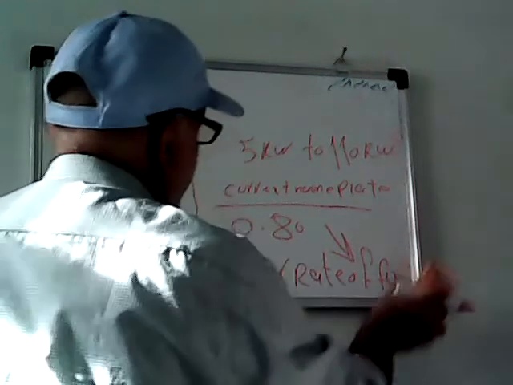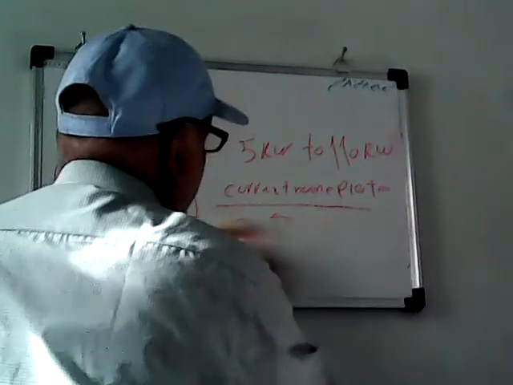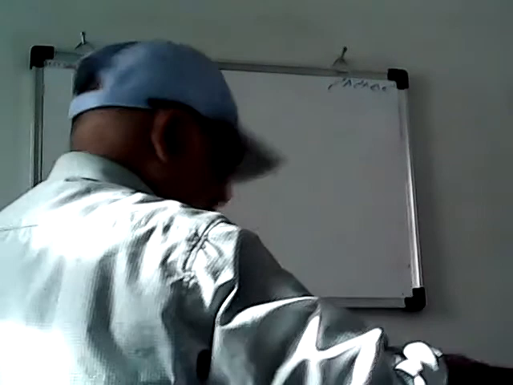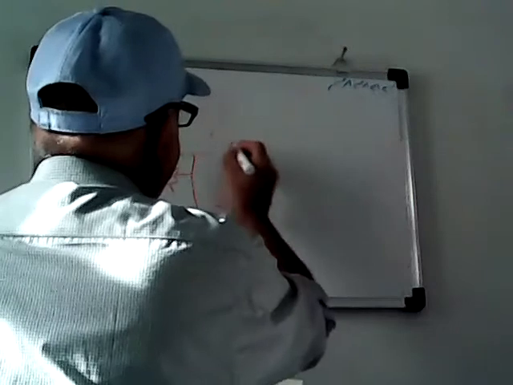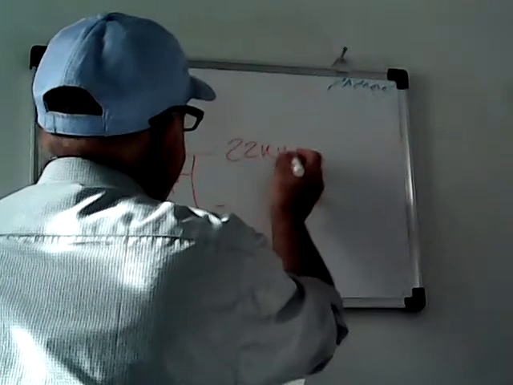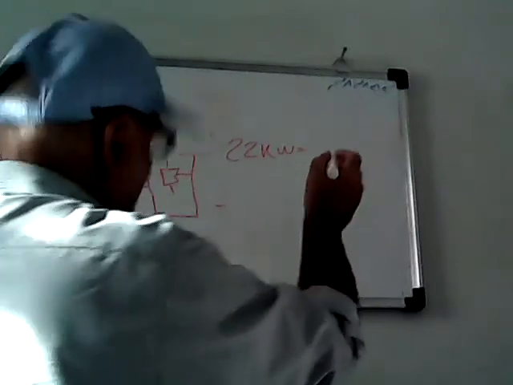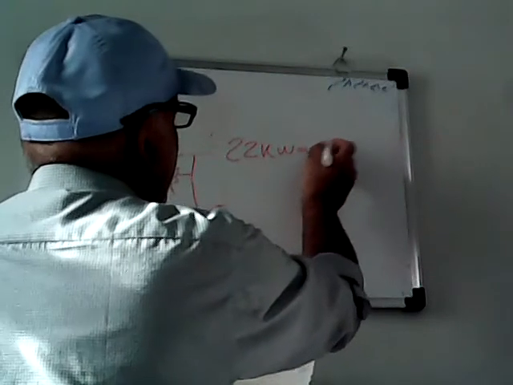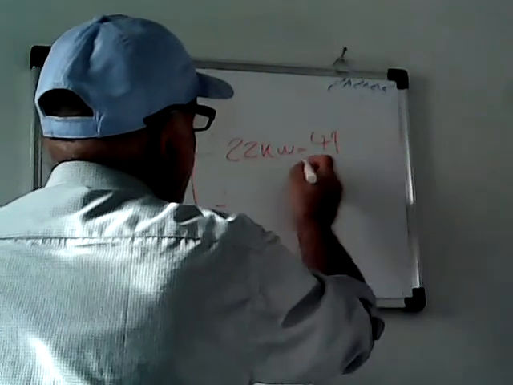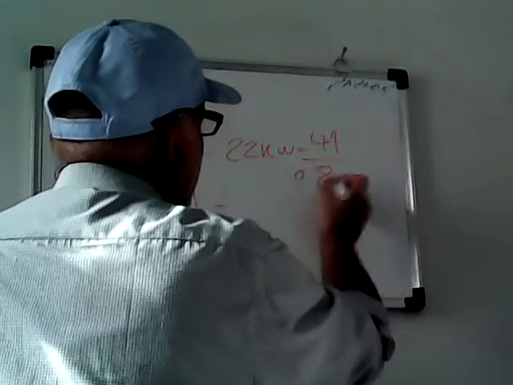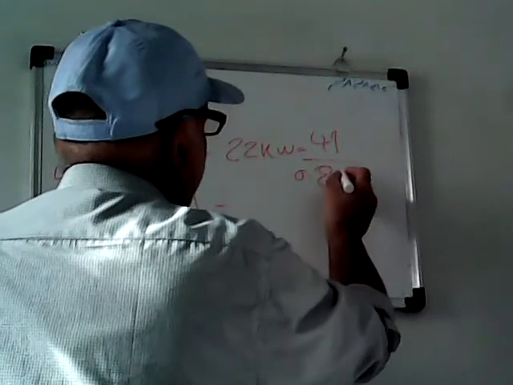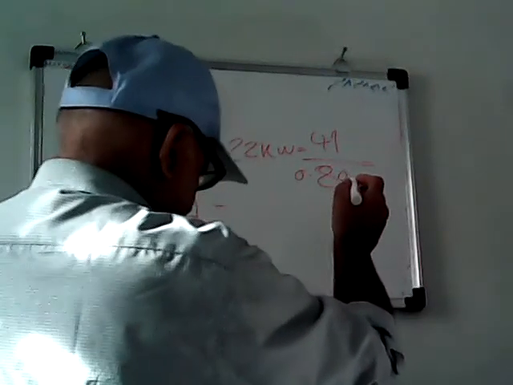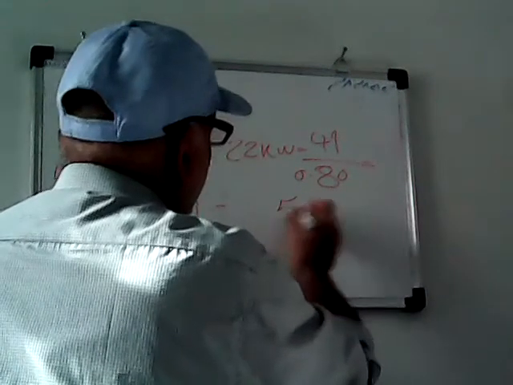Example: 22 kilowatt. The nameplate current is 41. Divide by 0.80. The result is 50.